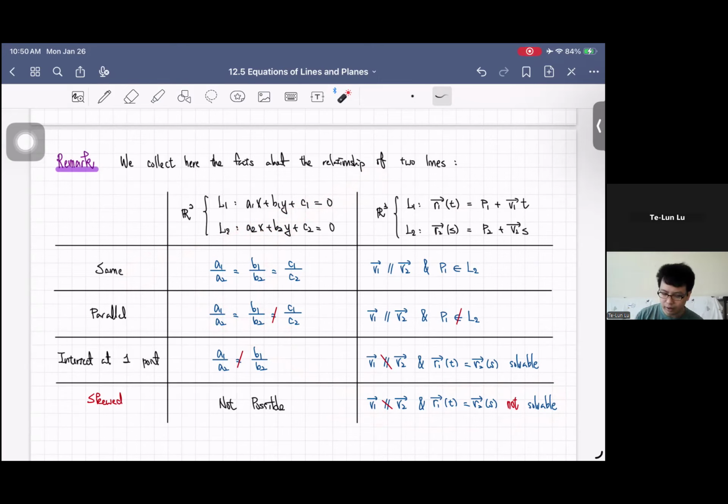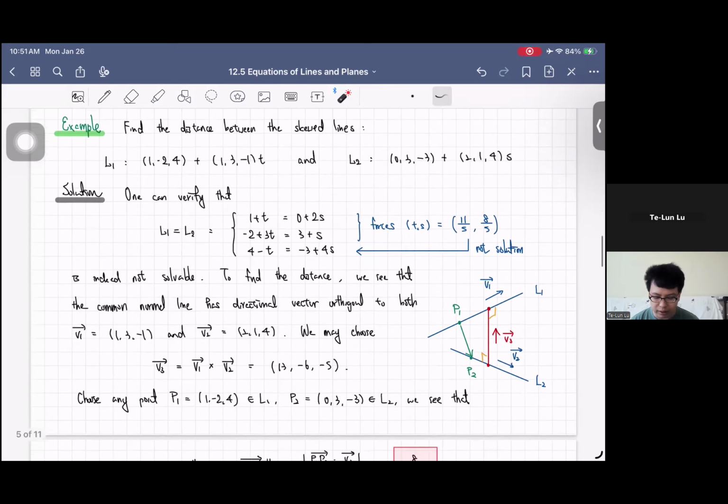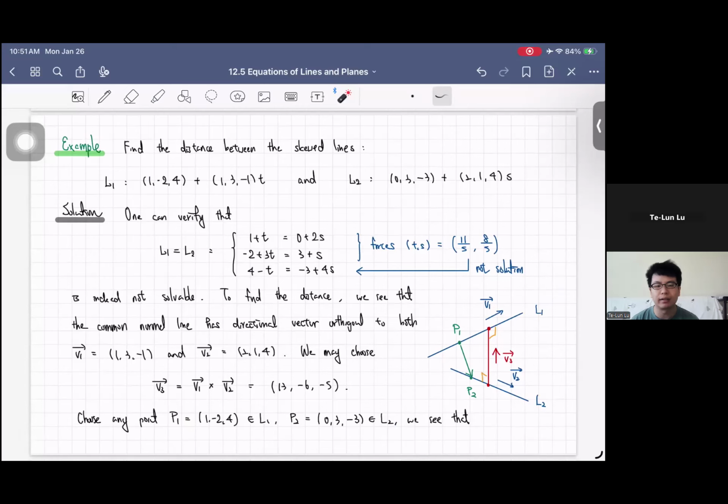So this is a strange situation which does not happen in our usual Cartesian plane. Okay, now let's do some examples of that skew line. This will not be entirely important in our lecture because we won't be encountering this a lot in our calculus course, but I just put this here for completion.